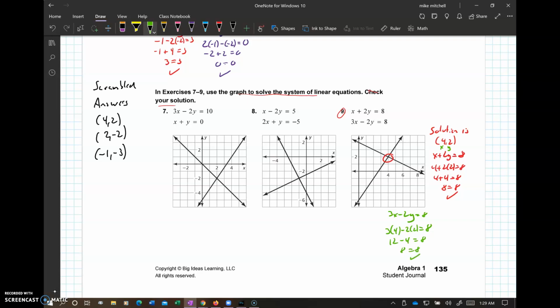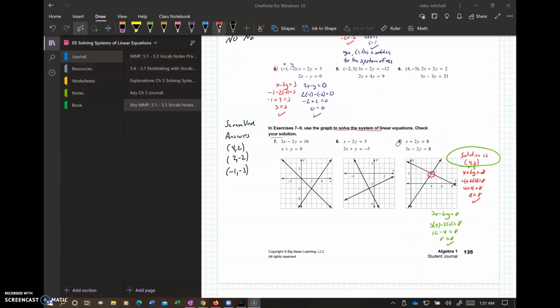That checks out. It's a solution. I'm feeling pretty good about our answer right there. Oh, and I forgot to check our answer over here. There's our (4, 2). So we do see the answer in there. We don't really need the scrambled answers here because we're checking our own answers.